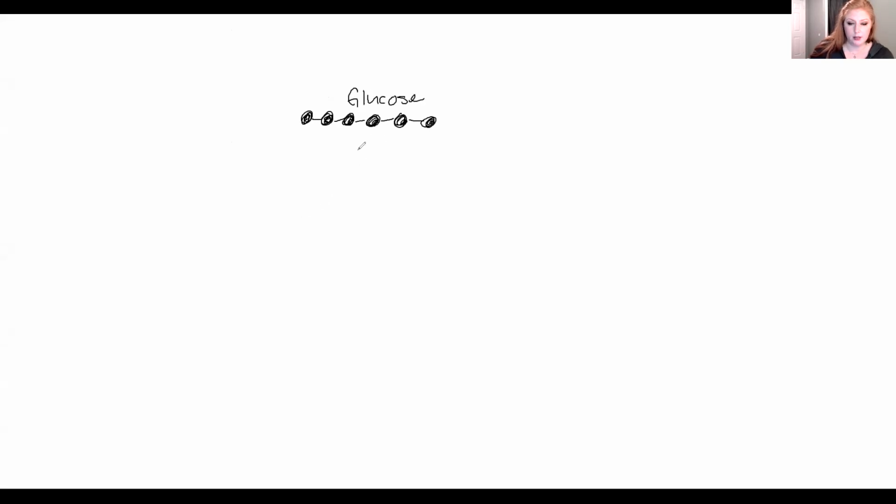Our glucose is going to get split into 2, 3 carbon compounds. And they're called pyruvates.